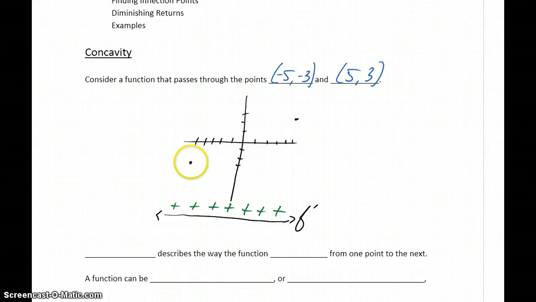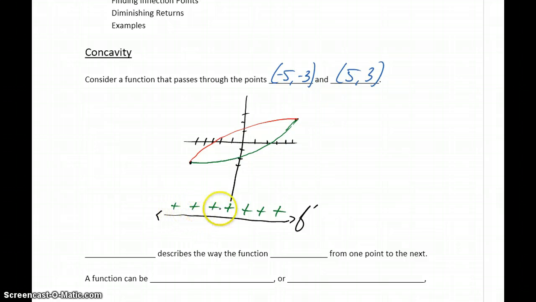So for instance, I could draw a graph that's increasing from the first value to the second value. So that curve passes from -5, -3 to 5, 3, and it's increasing. I could draw another curve that passes from -5, -3 to 5, 3, and is also increasing.